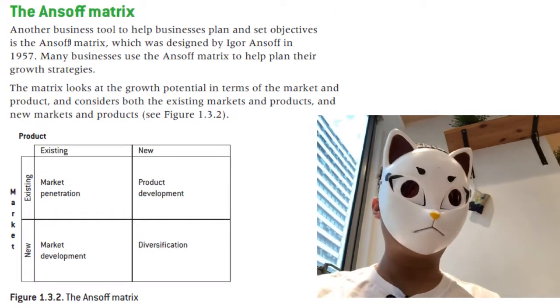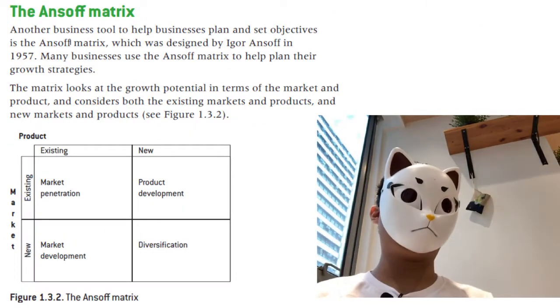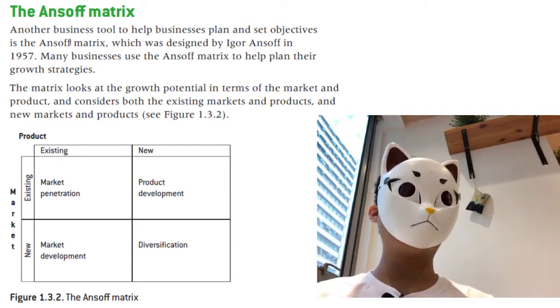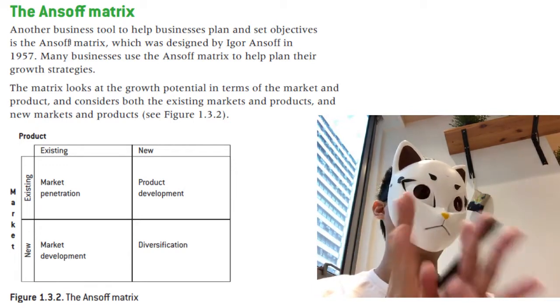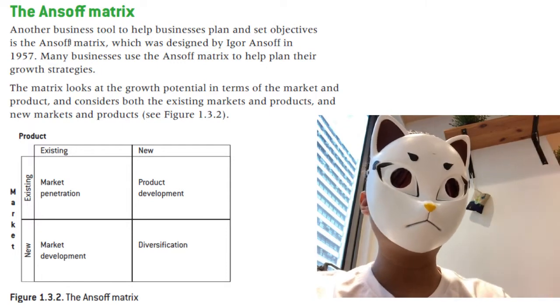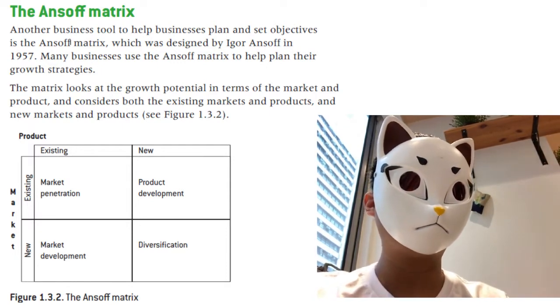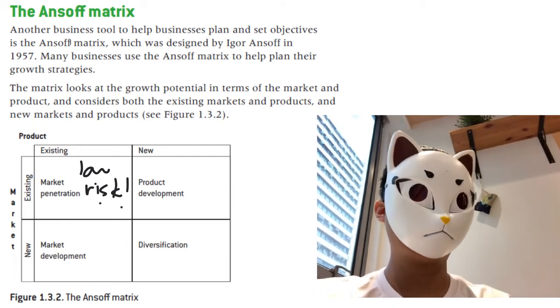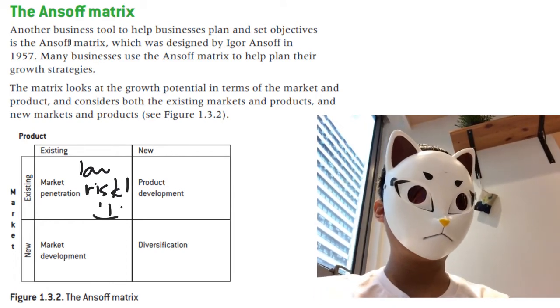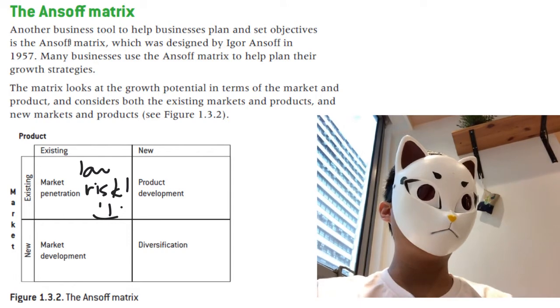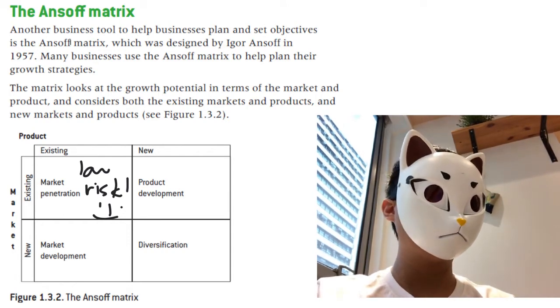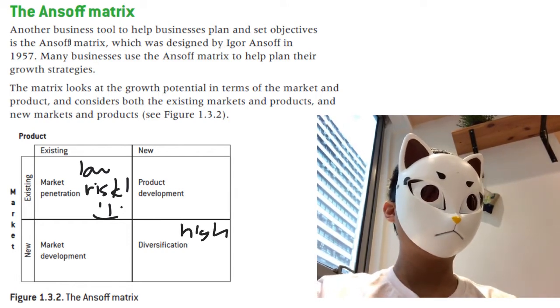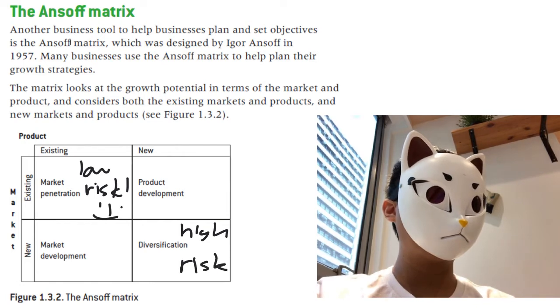The second theory: a lot of candidates have no idea how to make use of the ENSOF matrix. It is about the risk. For example, for this one, the risk is very, very low. However, if you are going to do a new market and new product, the risk is very, very high.